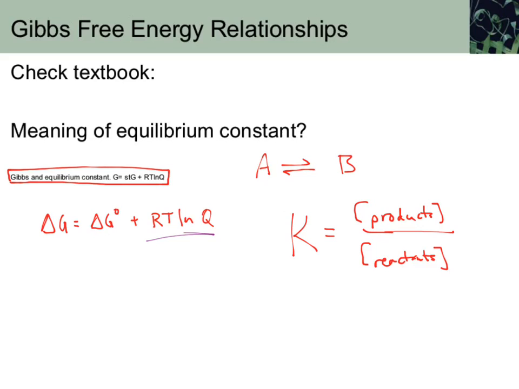Q is effectively K, pretty much the same thing, sort of. Q is how K would be calculated if I was not at equilibrium. So it's just saying I'm not at equilibrium, that's it. Okay?